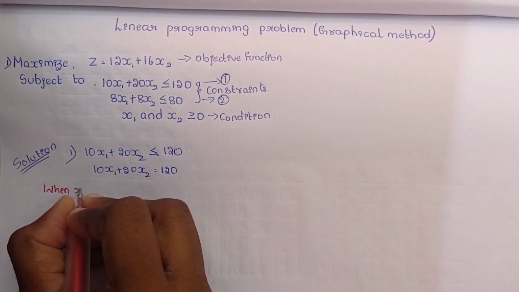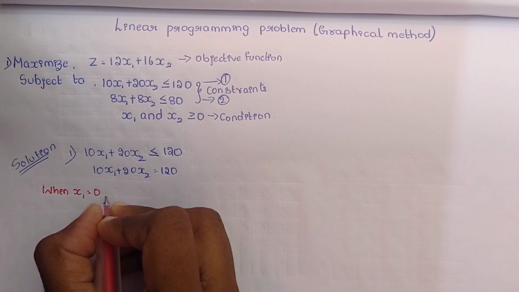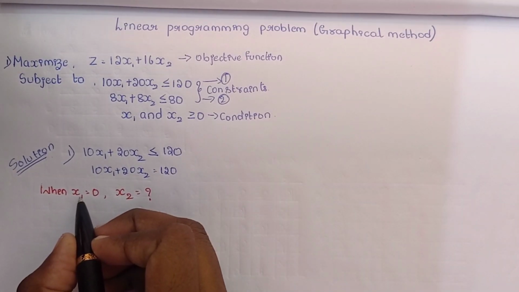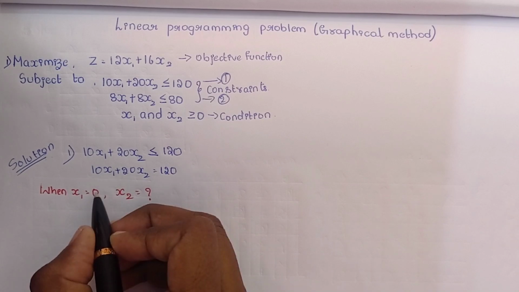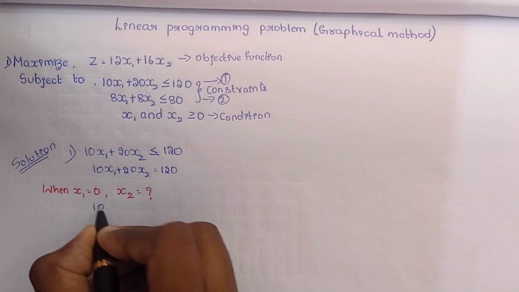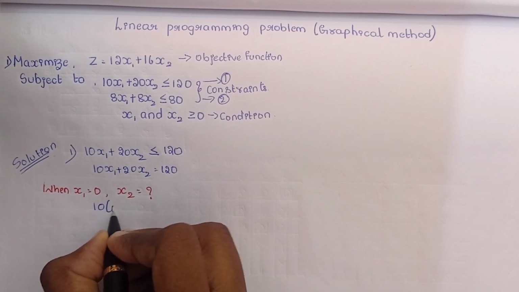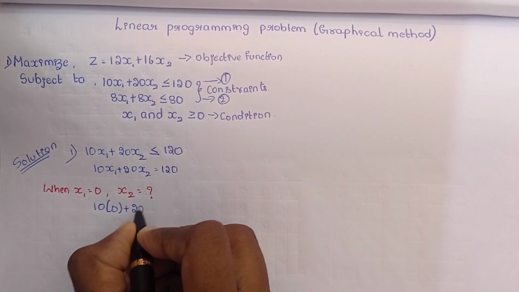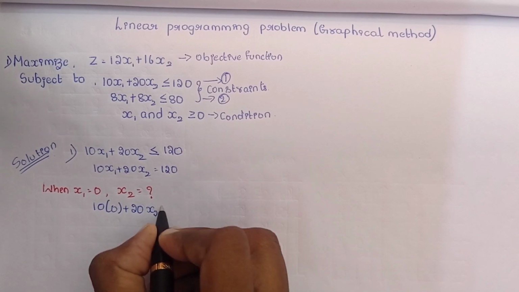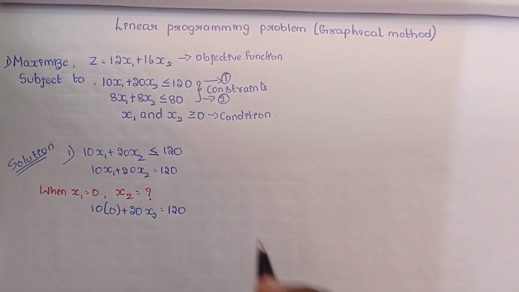When x1 is 0, what is x2? So let me write x1 as 0 and let me identify this x2 value. So 10 into x1 which is 0, plus 20 into x2, is equal to 120.